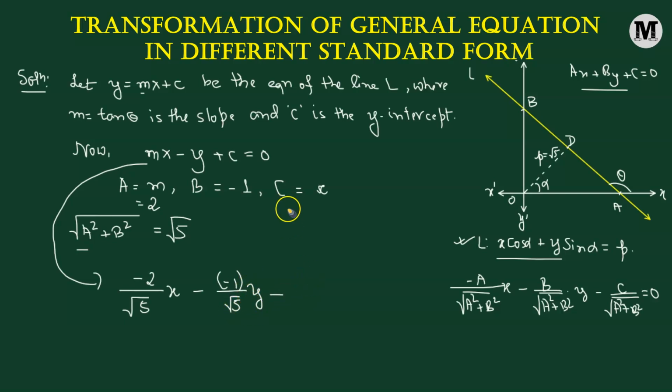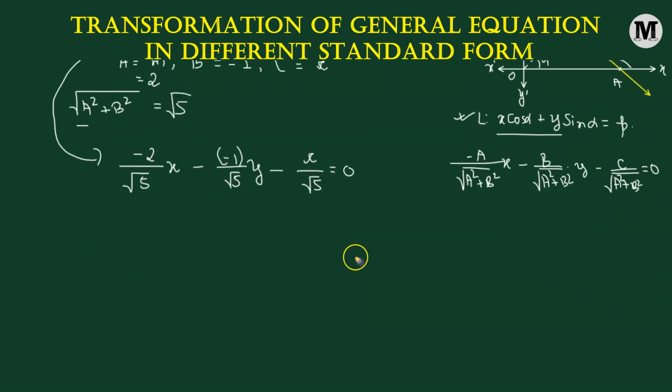Then we have -c. So c corresponds to the value c in lowercase, divided by square root of 5. So this is going to be equal to 0. Okay, so let's further simplify. Now we have -2 over square root of 5 times x added to y over square root of 5. Then we're going to transpose the third term to the right hand side to get c divided by square root of 5.